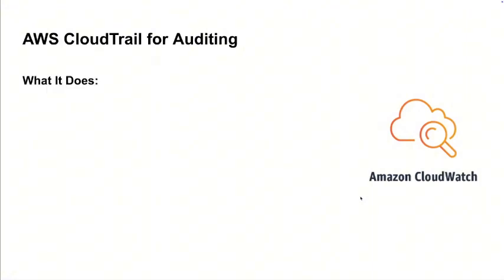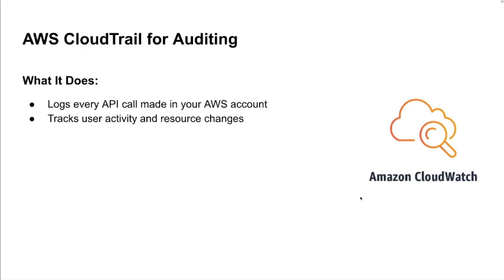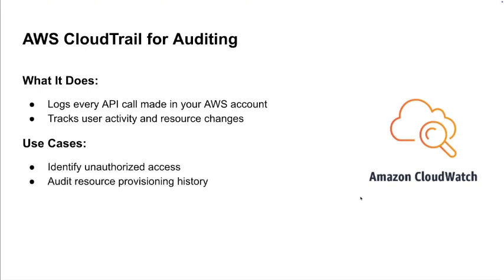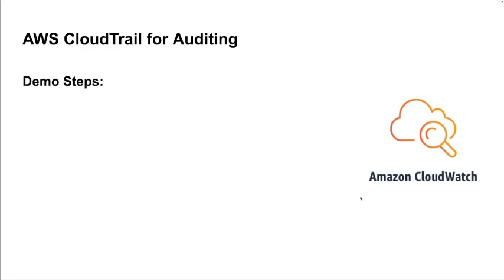So we have what we call AWS CloudTrail for auditing. What this does is you want to be able to log every API call made on your AWS account. You want to track user activities and resource changes. And these are use cases: identify unauthorized access, audit resource provisioning history, and lots more.